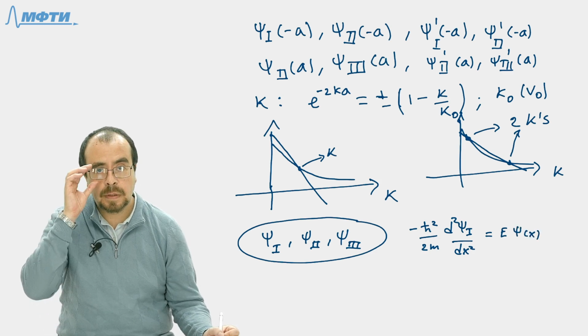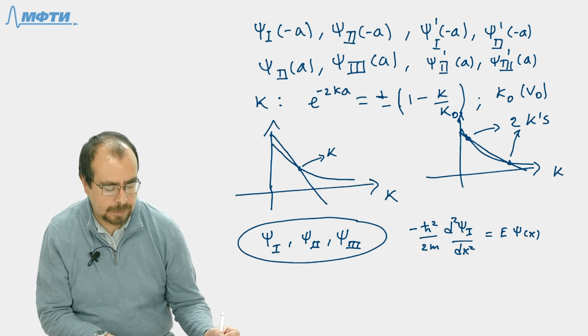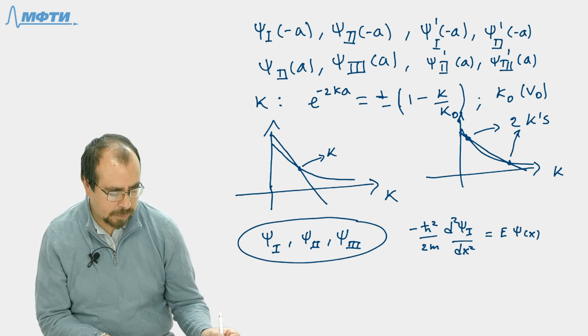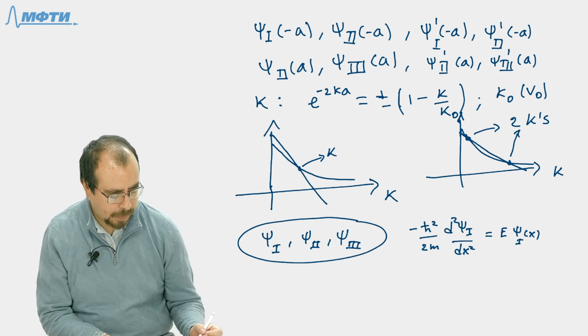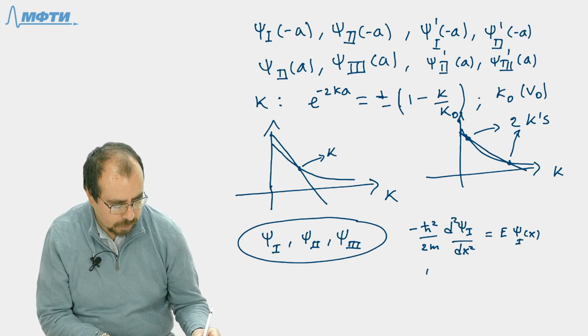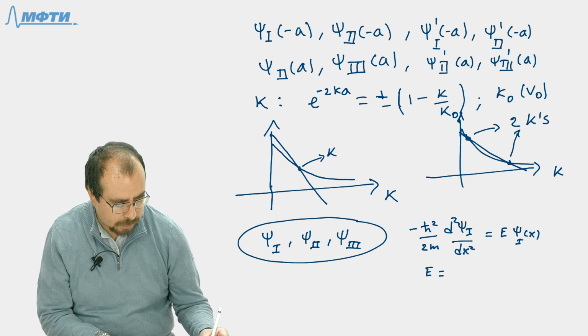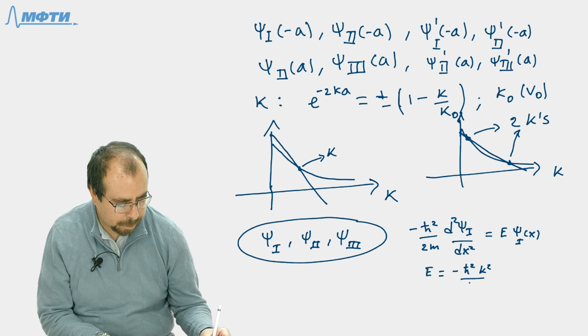You can show that if you substitute the expression that you obtain for psi, the energy should be equal to minus h squared k squared over 2m.